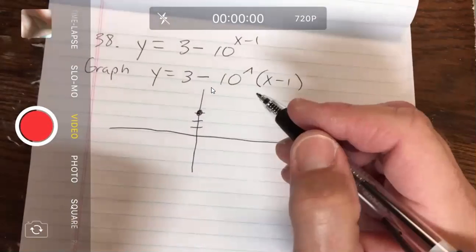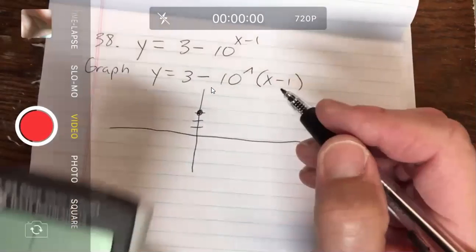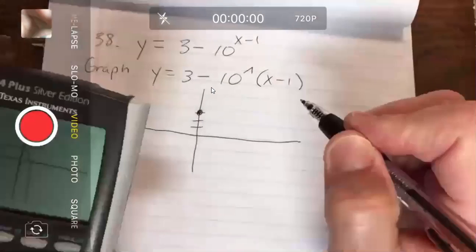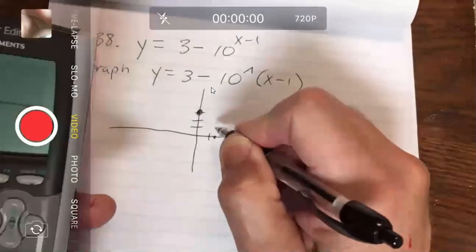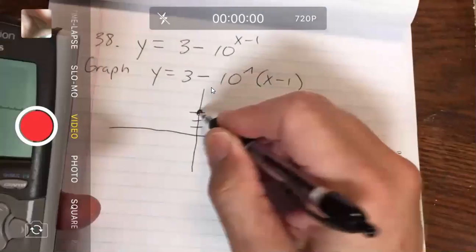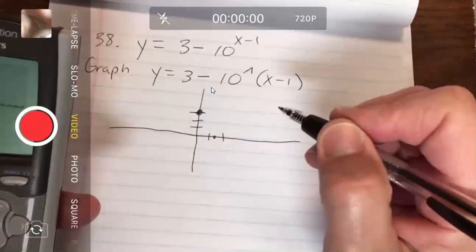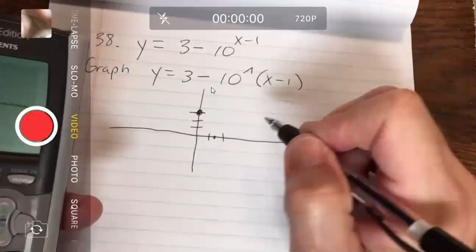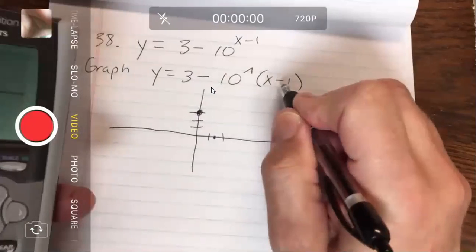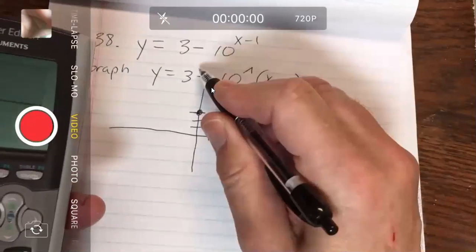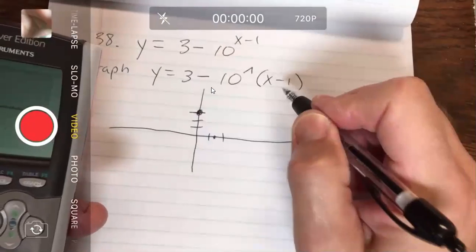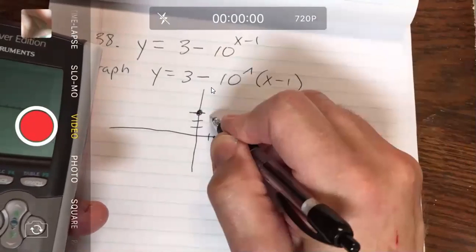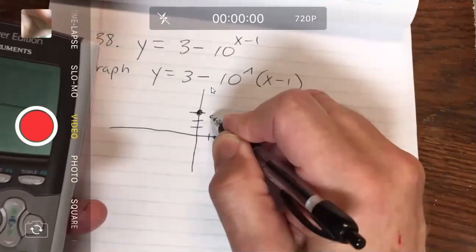These graphs are hard to do. Let's see. It's crossing the x-axis between 1 and 2. It may not be actually crossing at 3. It actually should be. This is shifted right 1 and you're up 3 off of an exponential. So your actual y-intercept point is shifted. It's shifted right 1.